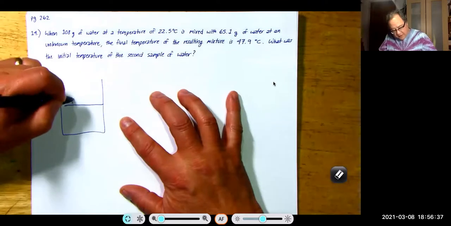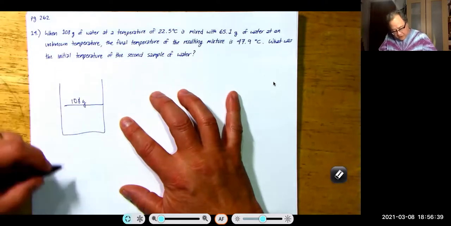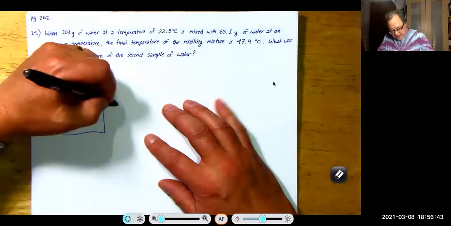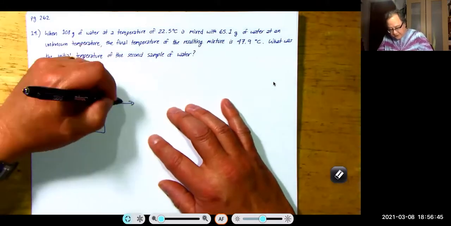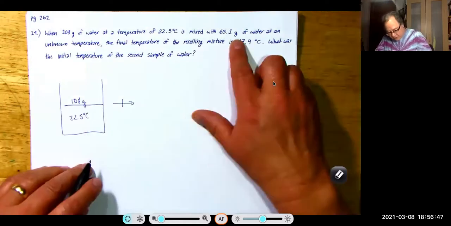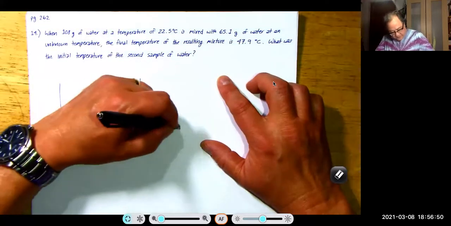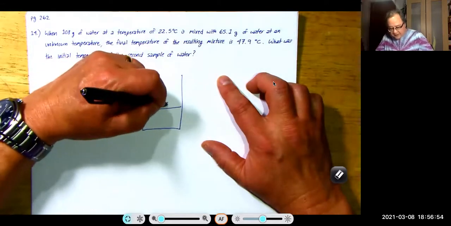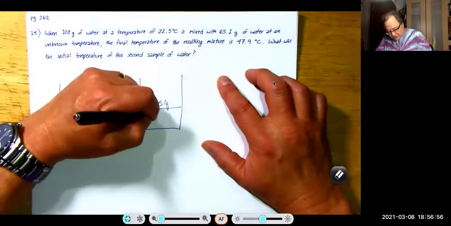We have 108 grams of water at 22.5 degrees Celsius. And oops, you mix it with 65.1 grams. So here's my 65.1 grams. And we don't know the initial temperature.